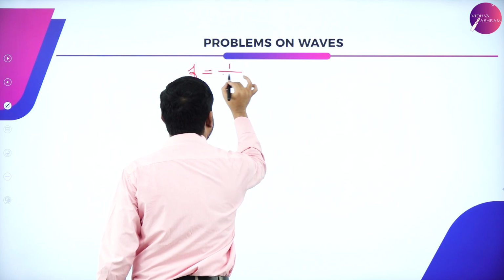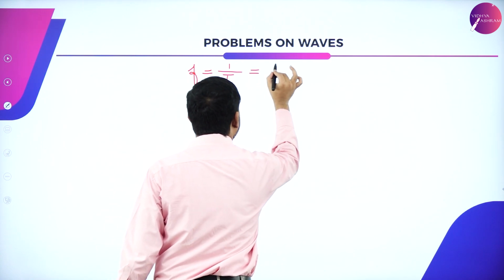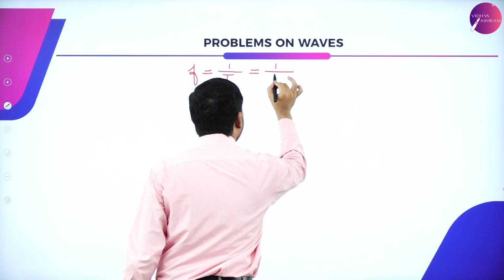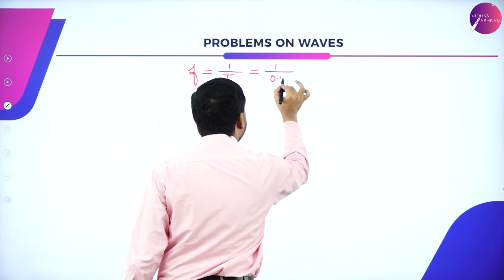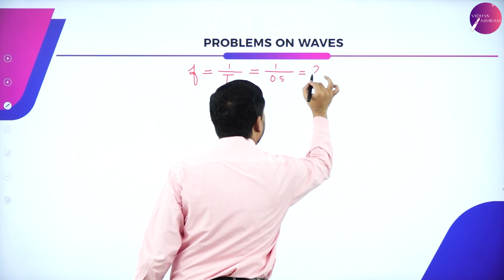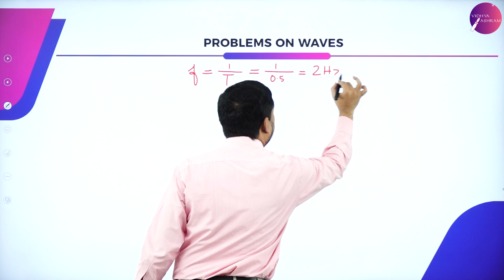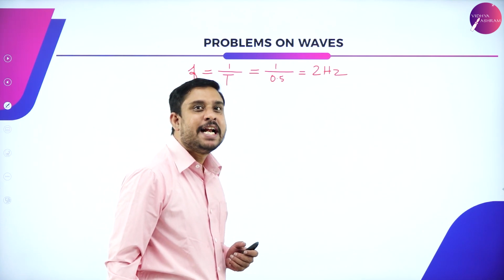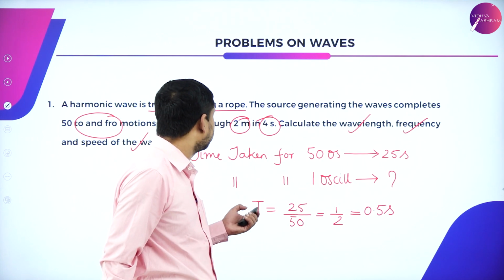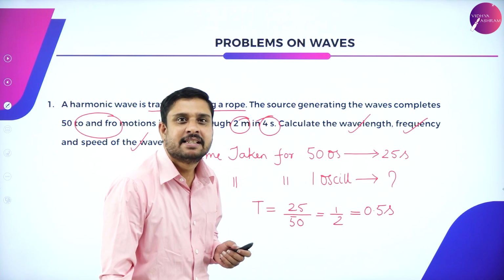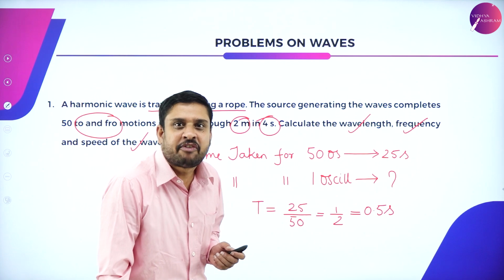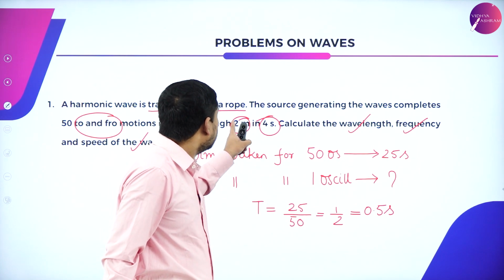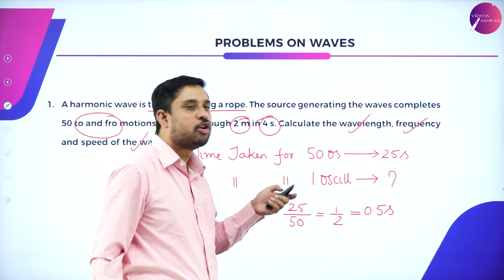Frequency is 1 by time, 1 by 0.5, which is 2 hertz. Now I have to calculate the speed of the wave. Now he says a trough travels 2 meters in 4 seconds.